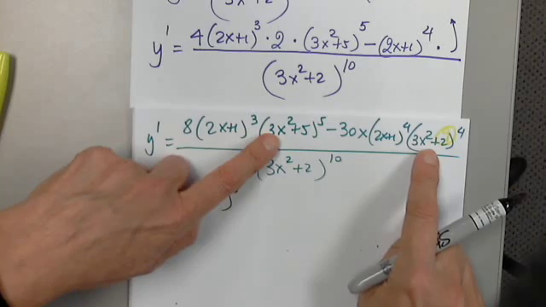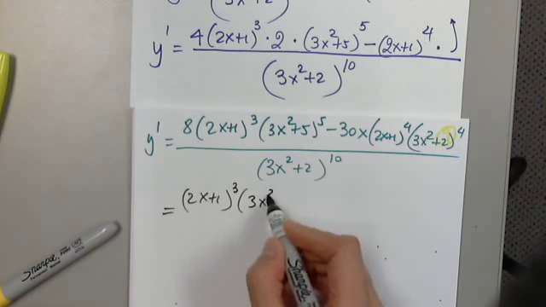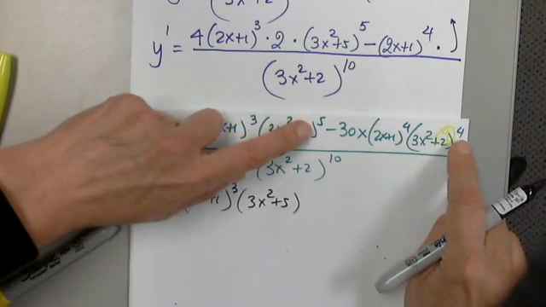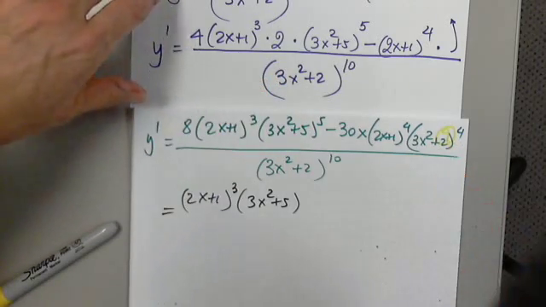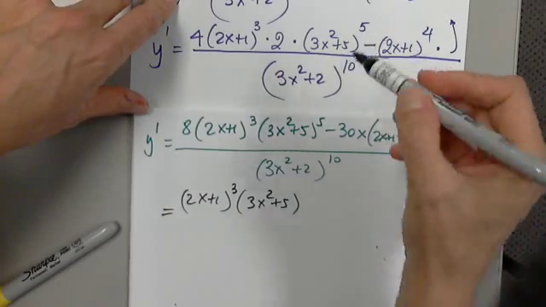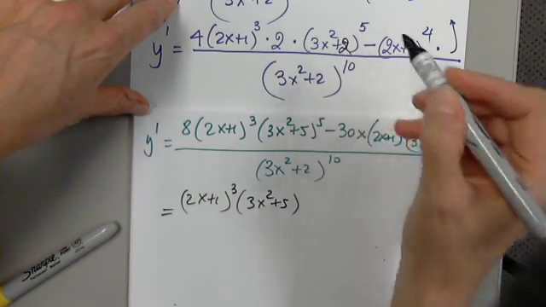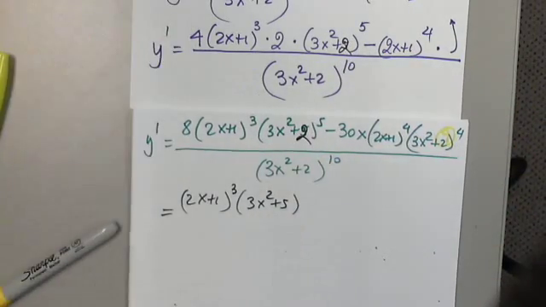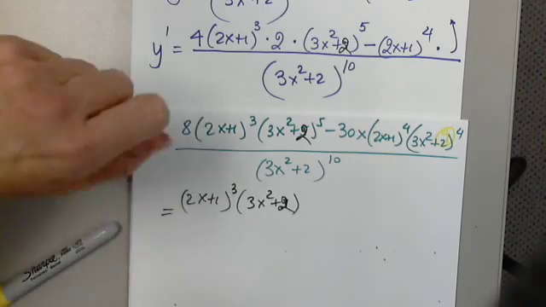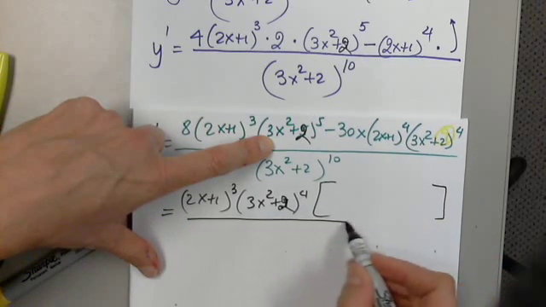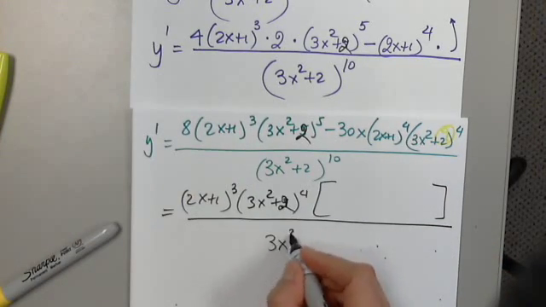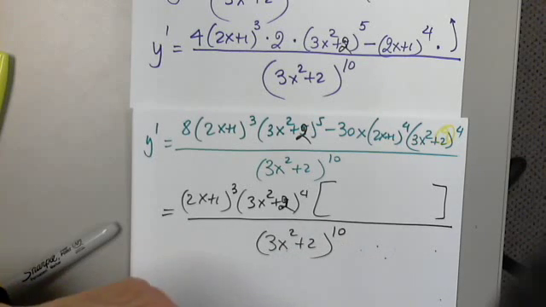And I also see the 3x squared plus 2 to which power? Very good. Thank you very much. Okay, so to the 4th. And now careful. 3x squared plus 2 to the 10th power.